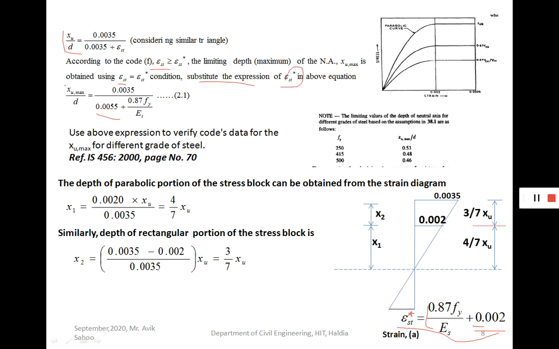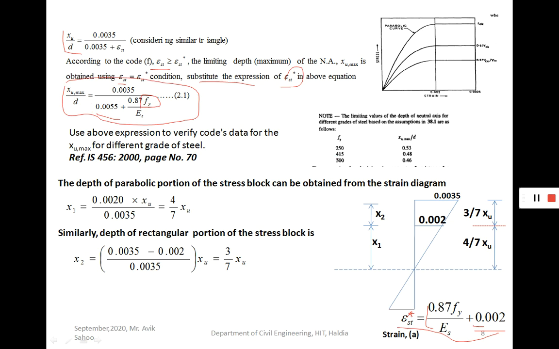So this is the expression to get the maximum depth of neutral axis. You see that the maximum depth of neutral axis only depends on the grade of steel.